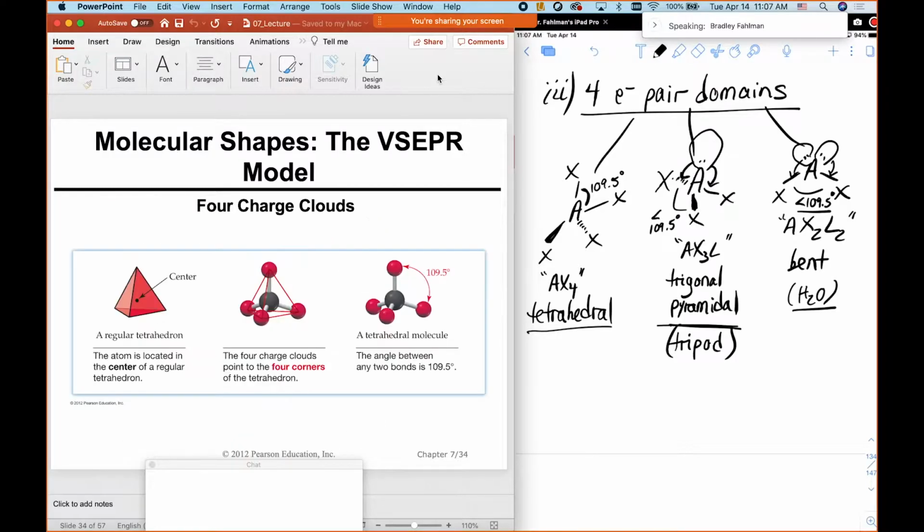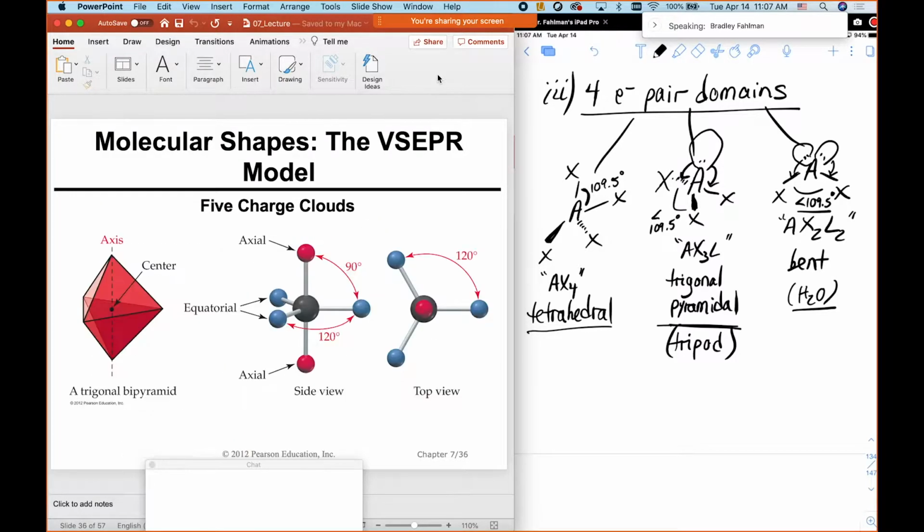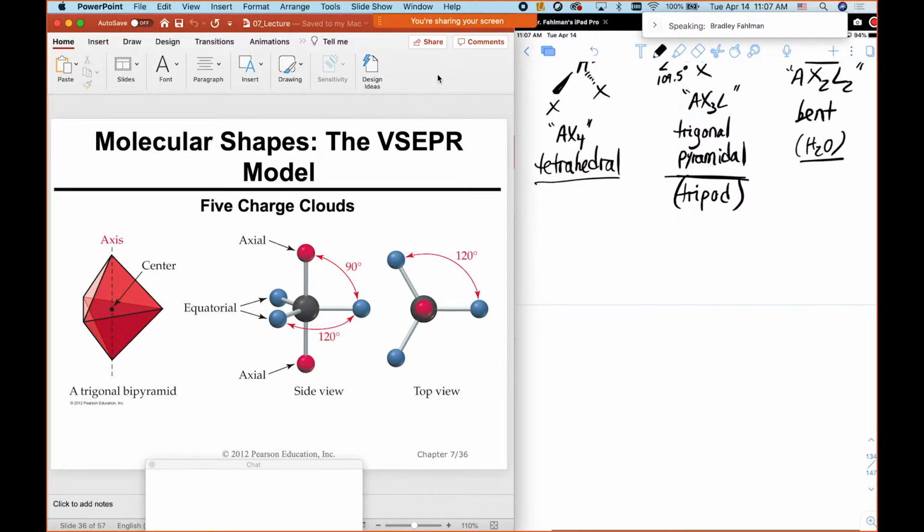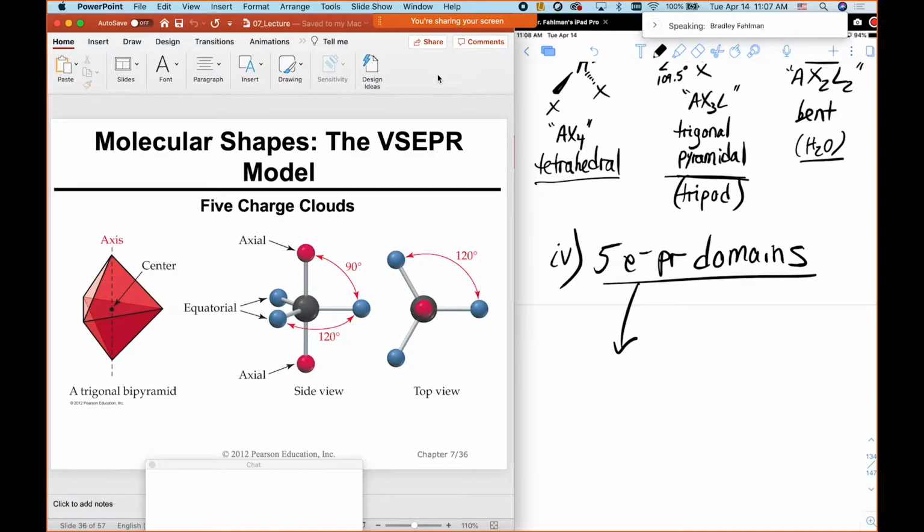Okay, so the next one is if you have 5 electron pair domains. The first variety of that is the one I call AX5.